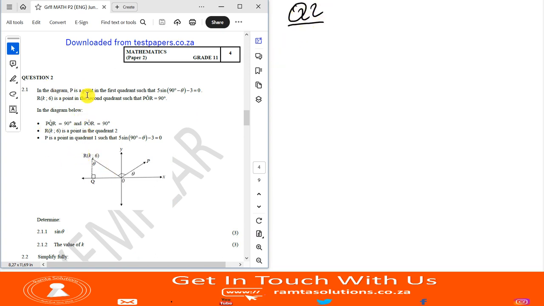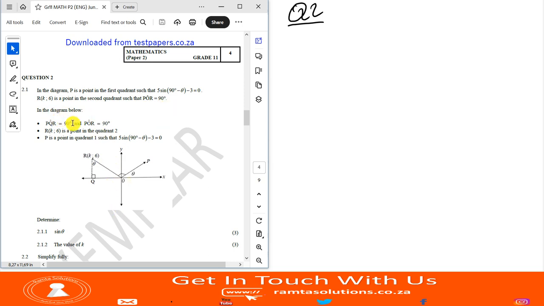In the diagram, P is a point in the first quadrant such that 5 sine(90 degrees minus alpha) minus 3 is equal to 0. R with coordinates K and 6 is a point in the second quadrant such that angle POR is 90 degrees. Okay, cool, I can see that.